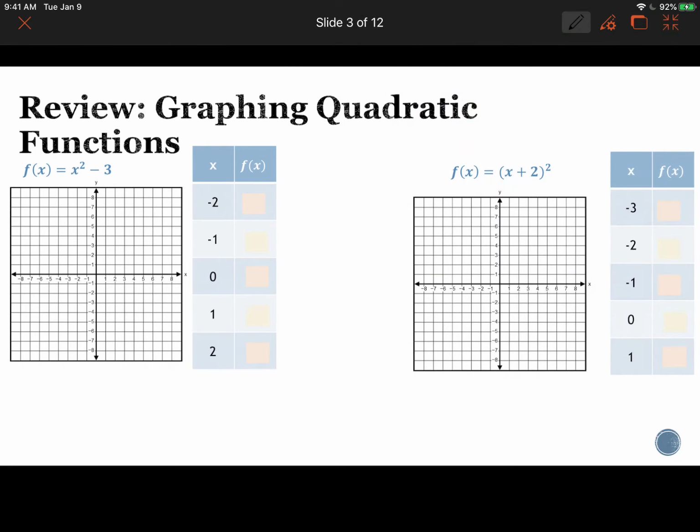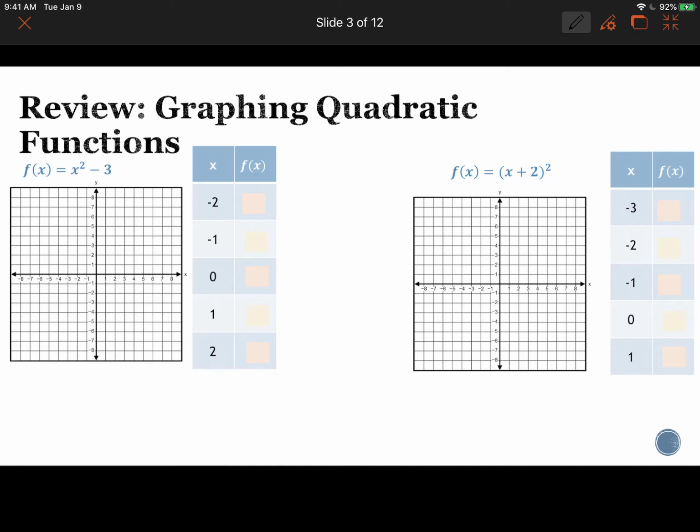So here is a little bit different. I have x squared minus 3, and I'm going to evaluate them at -2, -1, 0, 1, 2. So let's do the first one. F of -2 is equal to -2 squared minus 3. -2 squared is 4, minus 3 is 1.